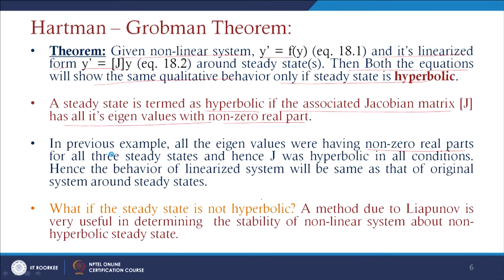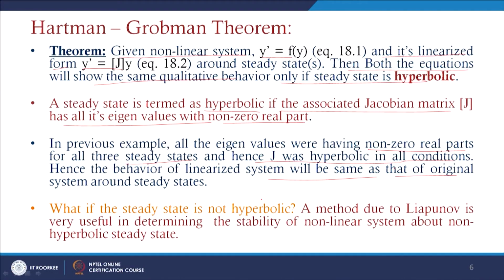Hence, we can say that the system is hyperbolic in nature. That is why the three steady states we discussed in the previous slide have non-zero real parts, hence J was hyperbolic in all conditions. And hence we can say that the behavior of the linearized system will be the same as that of the original system around the steady state, under the condition of a hyperbolic system.